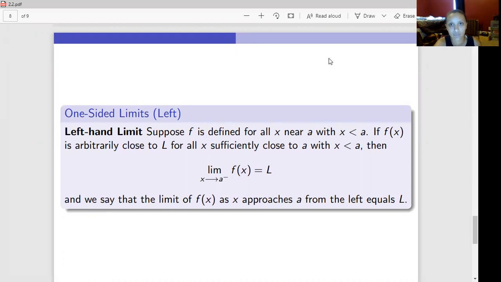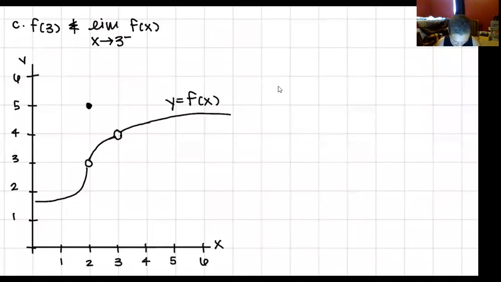So again, let's do one more example just to make sure you really feel this in your bones. My a value this time, I'm interested in f evaluated at 3, which is pretty simple. We go to 3 and we look and we see, well, there's an open hole.